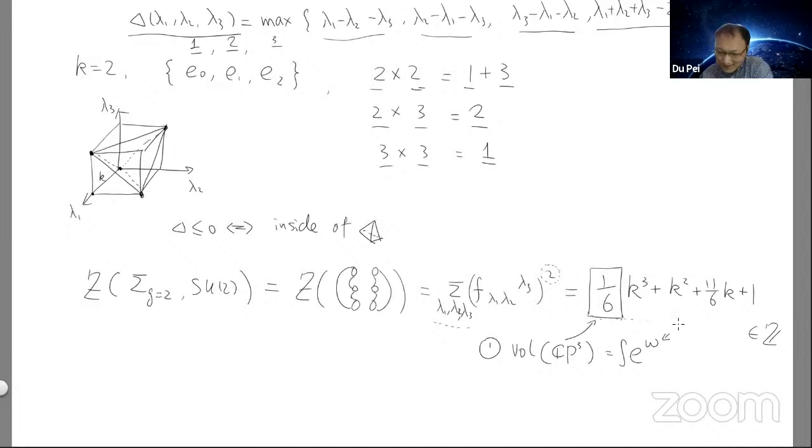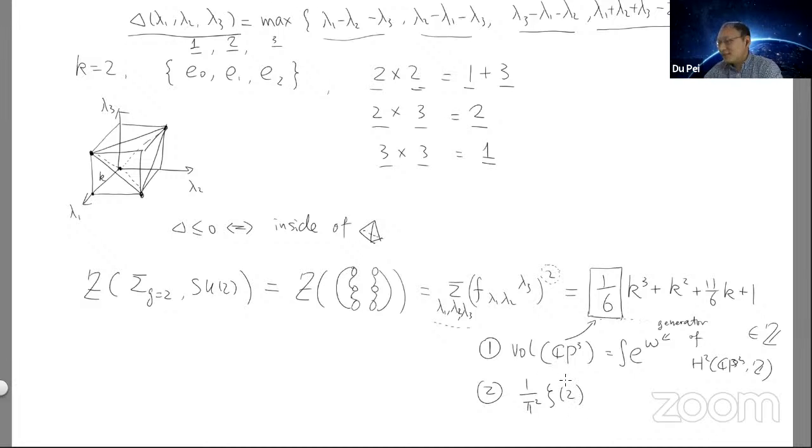So if you choose this omega to be the generator of H2 with integer coefficients, then the volume of CP3 is 1/6. It turns out that this is not a coincidence. Also, 1/6 is 1/pi squared times the value of the Riemann zeta function at 2. And this also turned out to be not a coincidence.